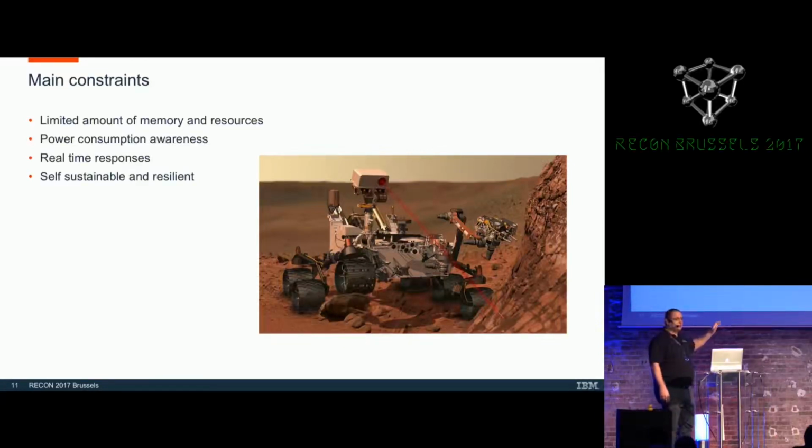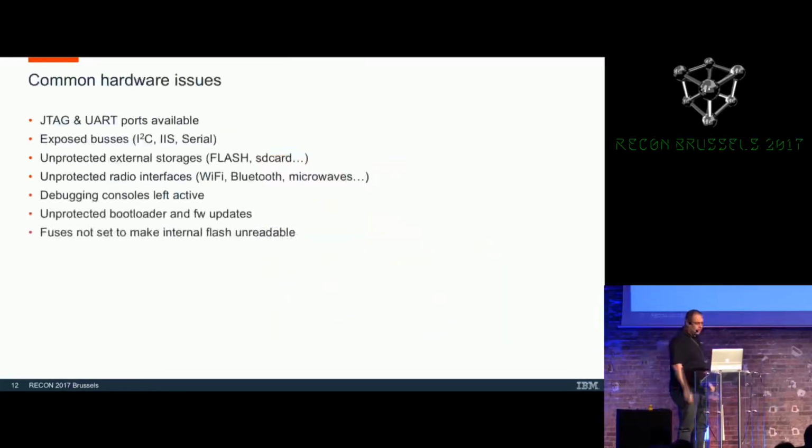Because the primary computer was stuck and the device was unable to switch to the secondary computer. Luckily, there was a third communication device which was independent of all this, and it enabled control from Earth to send commands to shut down the primary computer and switch over to the secondary computer. So resilience and self-sustainability of these devices is very, very important.